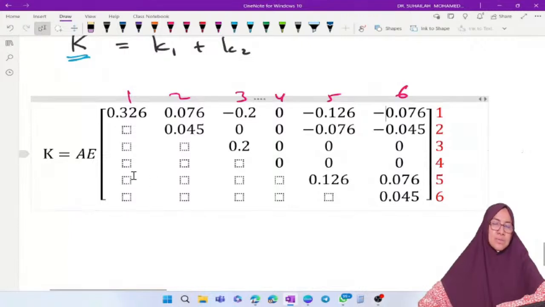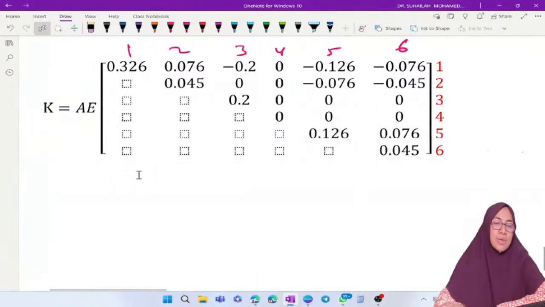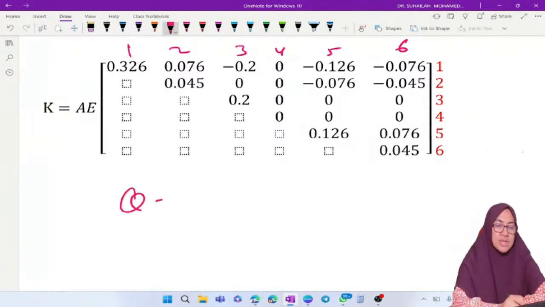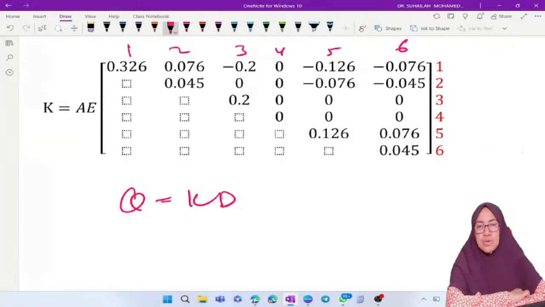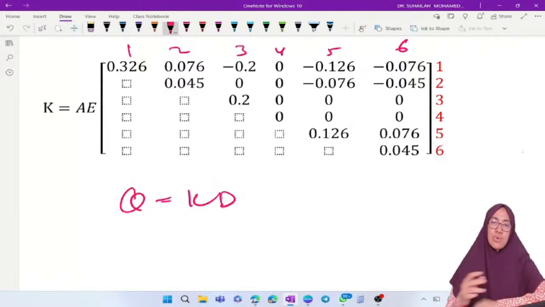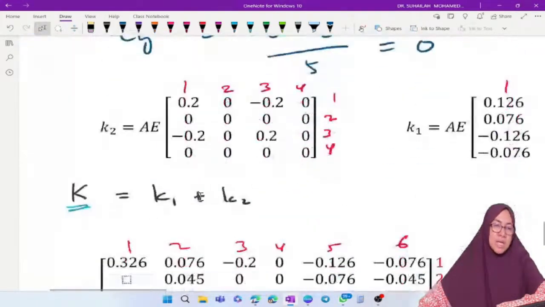Once we get this, we can write the stiffness equation: Q is equal to KD. We have established Q and D at the beginning, and we have just produced K, the structure stiffness matrix, so we combine them.